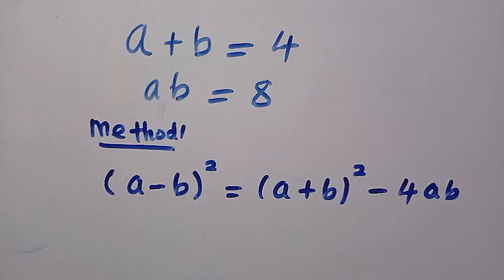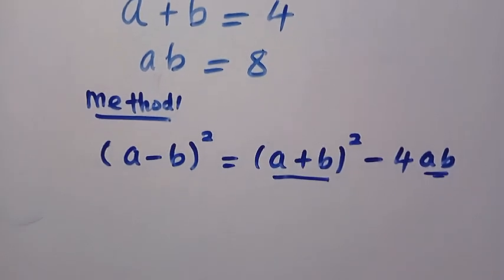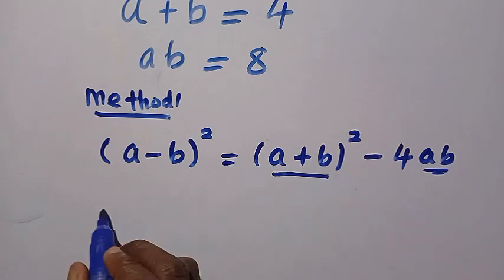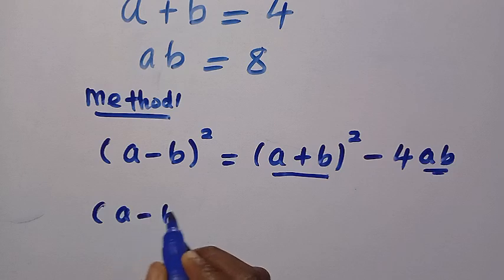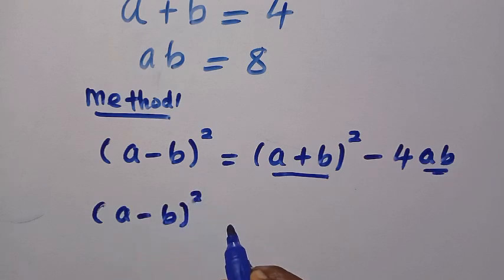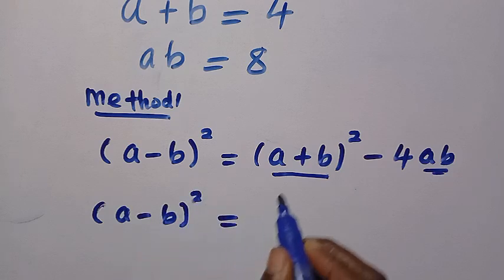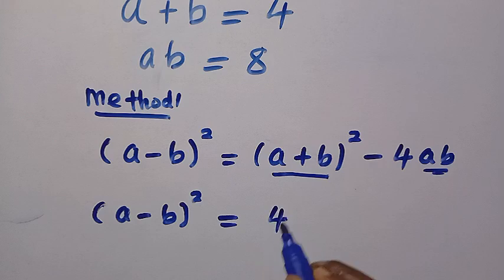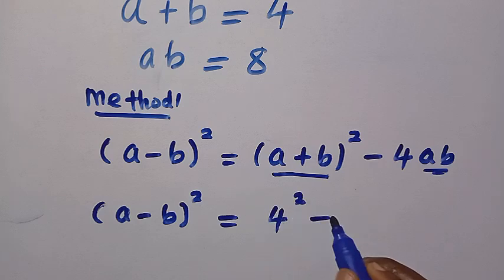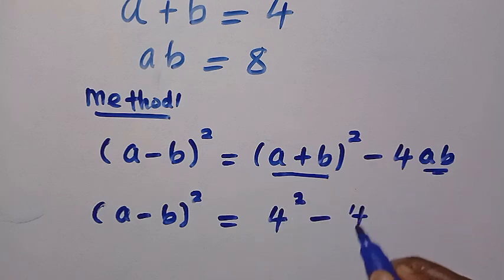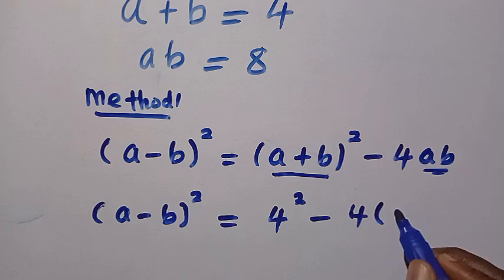But from the given question, we have a plus b already, which is 4, and we have ab, which is given as 8. By substituting them, a minus b raised to the power 2 equals 4 raised to the power 2 minus 4 multiplied by 8.